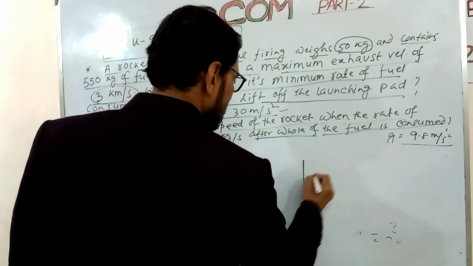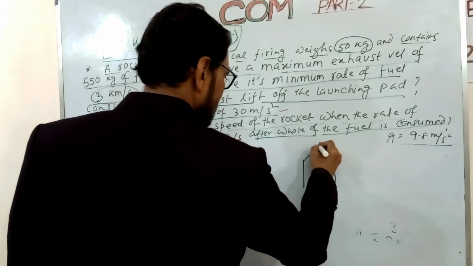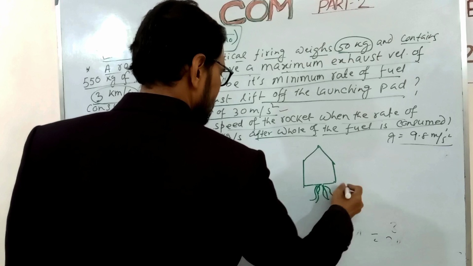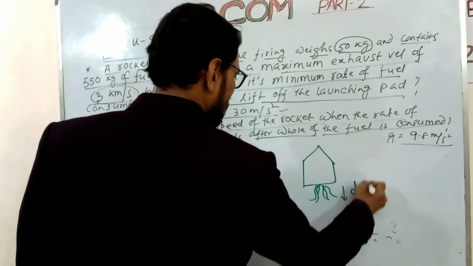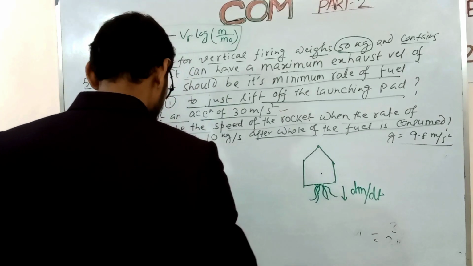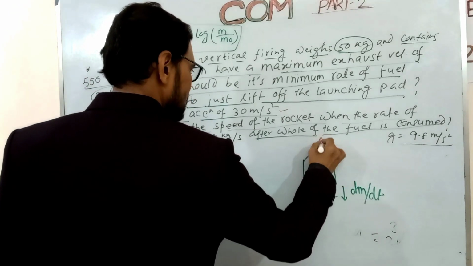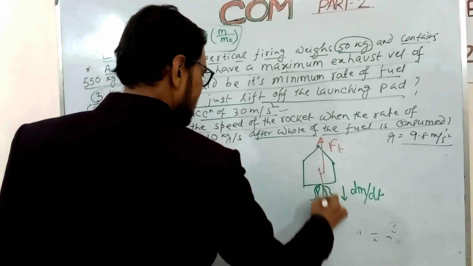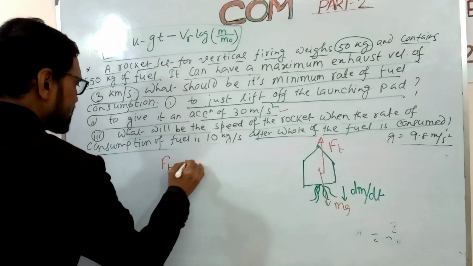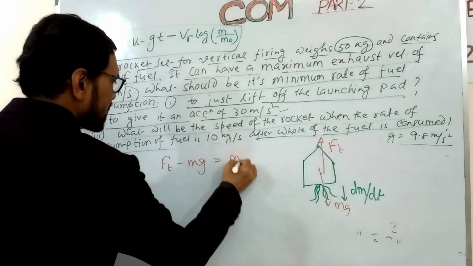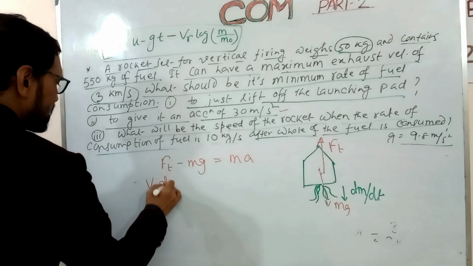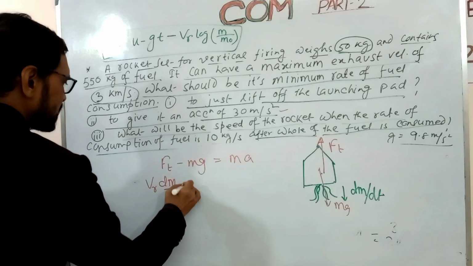Suppose this is a rocket, with dm/dt the rate of exhausting gas. Thrust acts in this direction and weight acts in this direction. So the equation is Ft minus mg equals ma, where the magnitude of Ft is vr dm/dt.